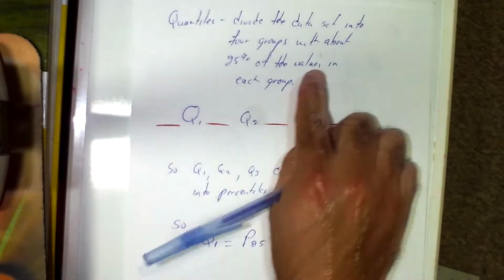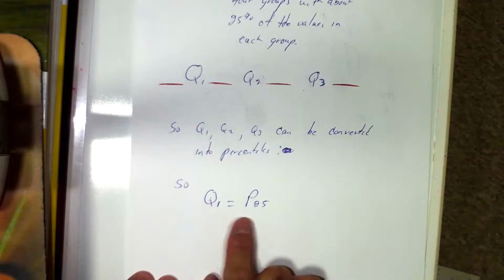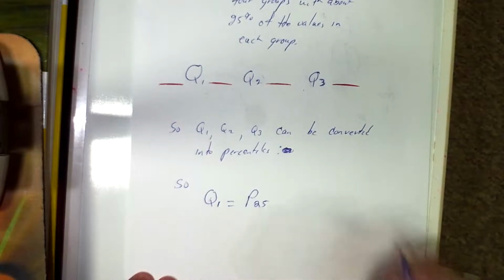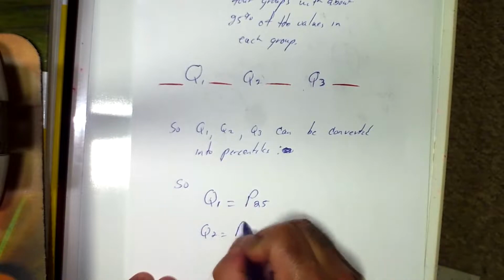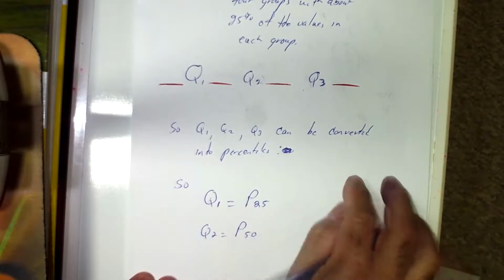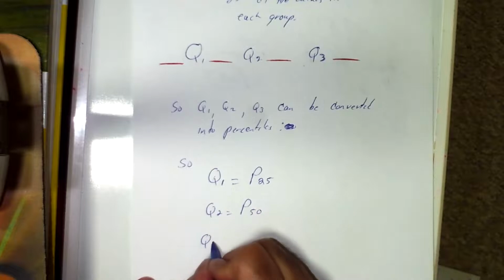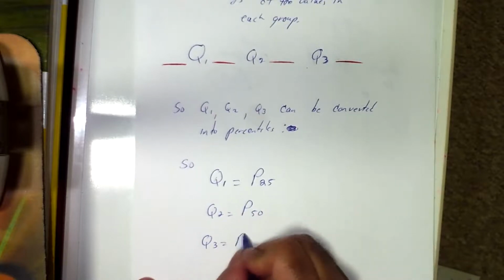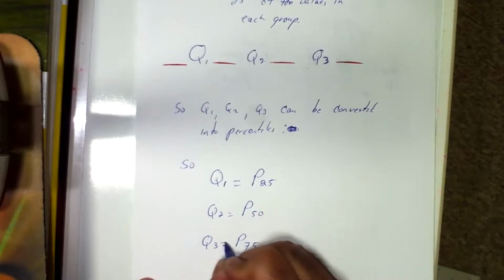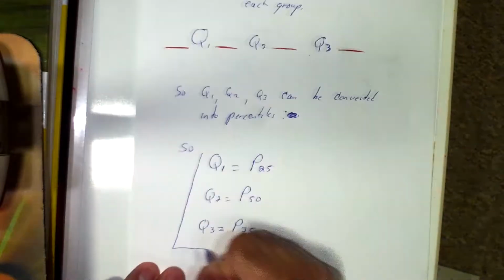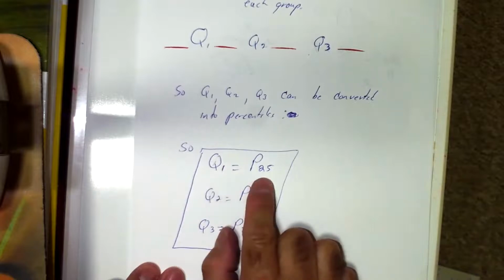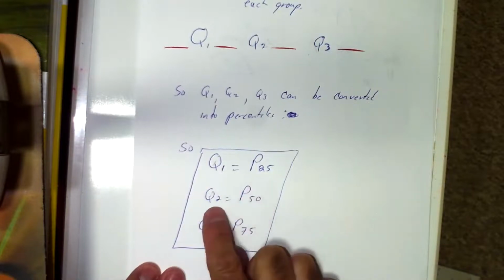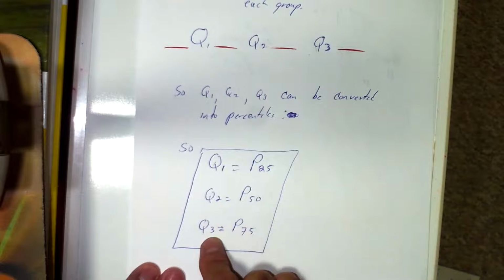They're breaking them up into quarters. Remember, we're thinking quarters. Q2 is what? If you have another quarter, 50 cents. And Q3 is P75. So those are the conversions. Anytime you see Q1, you rewrite it as P25. If you see Q2, it's P50. If you see Q3, that is equivalent to P75.